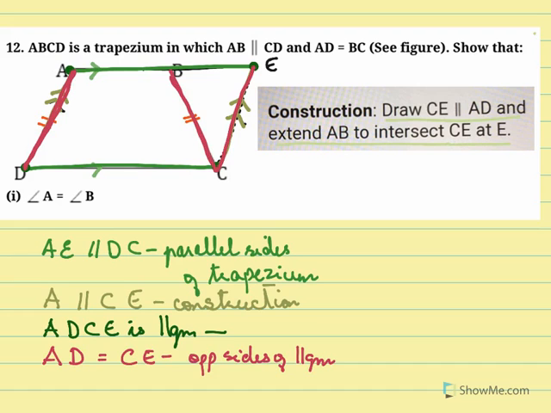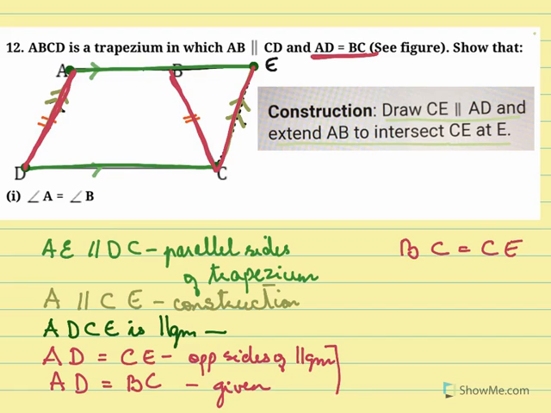That was given in the beginning. Here, look up here. AD equal to BC. So I write that too. And by now you would have guessed that if AD is equal to CE and AD is also equal to BC, then I can say that BC is equal to CE.